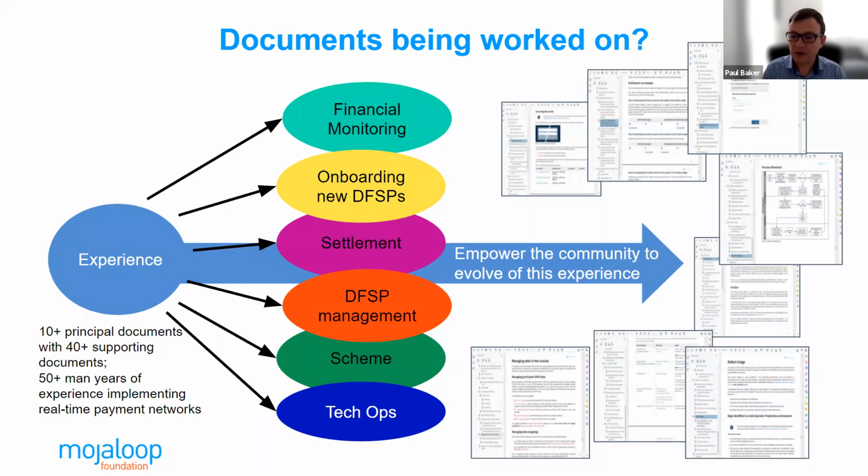And by making them available to the community in this way, we are hoping that the community can take these documents and are empowered to evolve this experience as we go on to creating better and better solutions. It's a big thing.